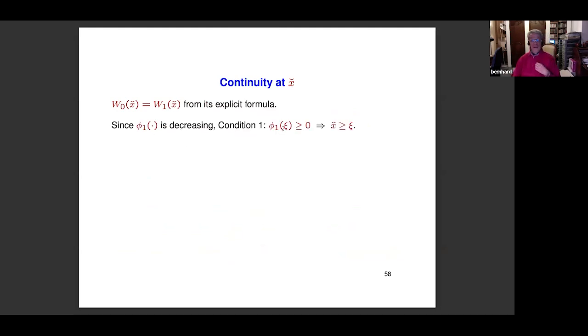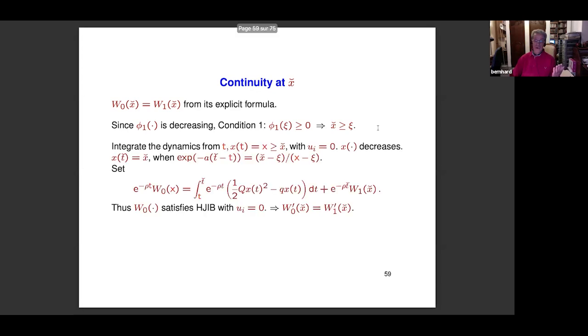I recall that I assumed that phi1 of xi is positive and phi1 is decreasing, that I know that xi is larger than x stretch. And W0 is my W function only for x larger or equal to x stretch. So they are larger than psi. Therefore, if you use the strategy 0, the state moves to the left.